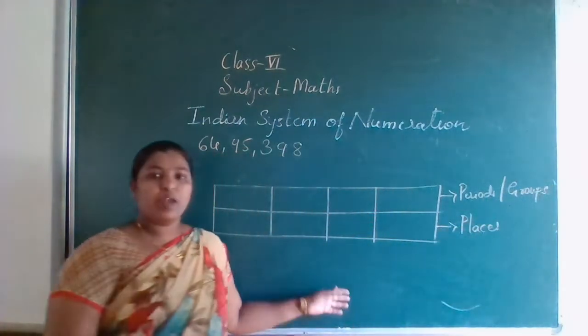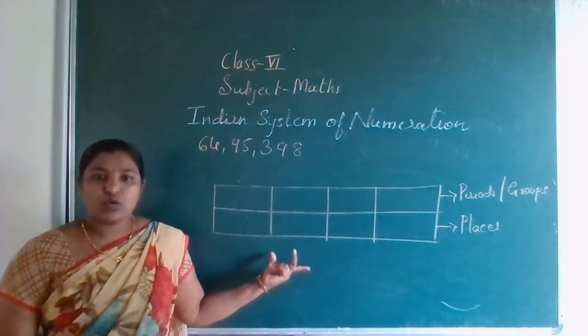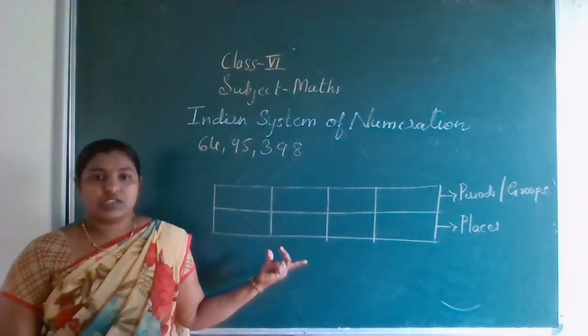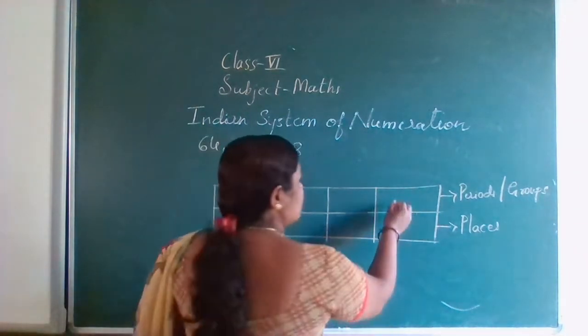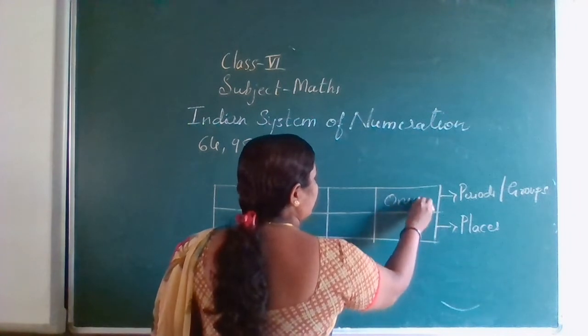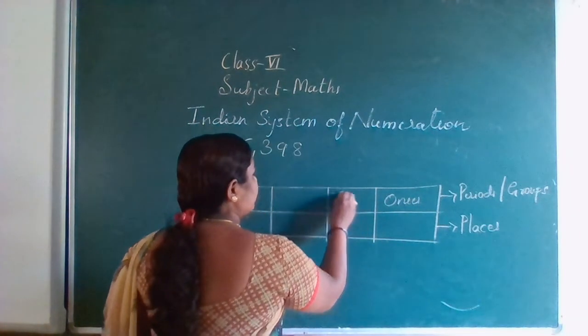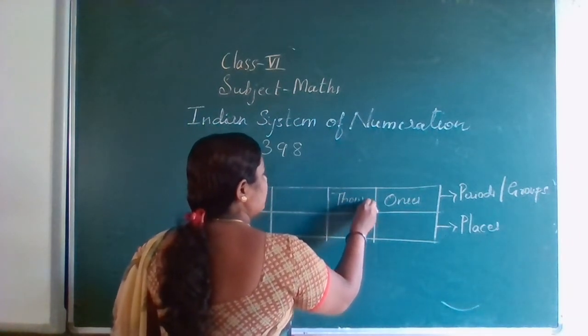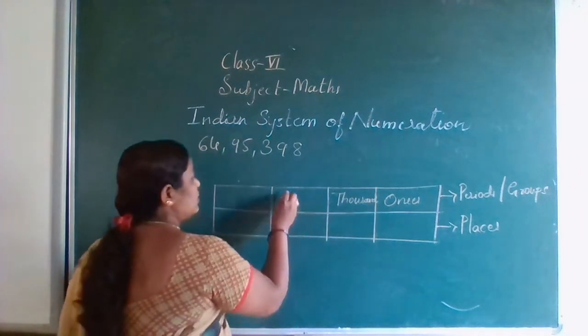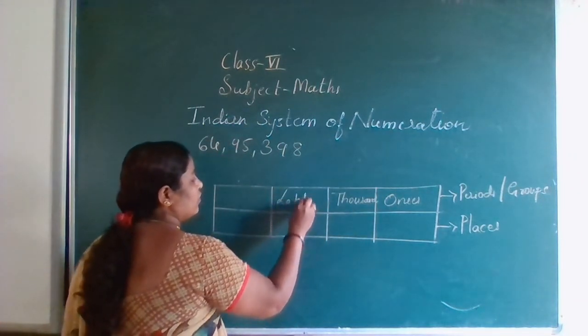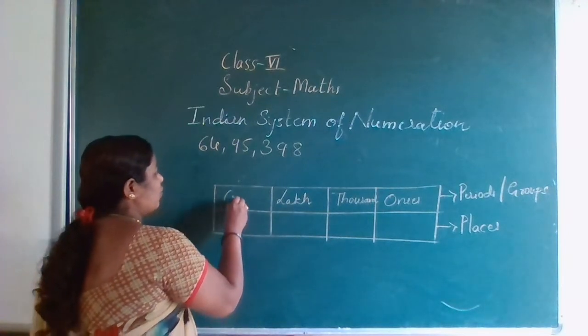Our Indian mathematicians made the groups or the periods. How? This is the ones group, this is thousands, this is lakh, this is crore.